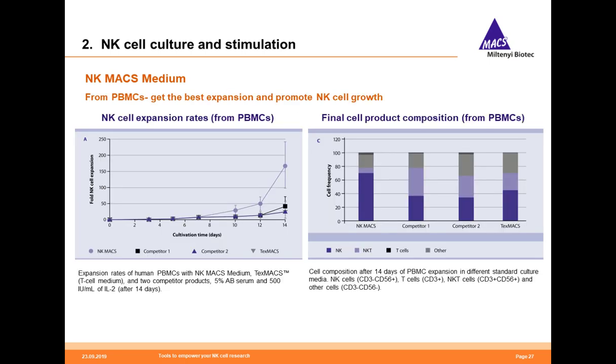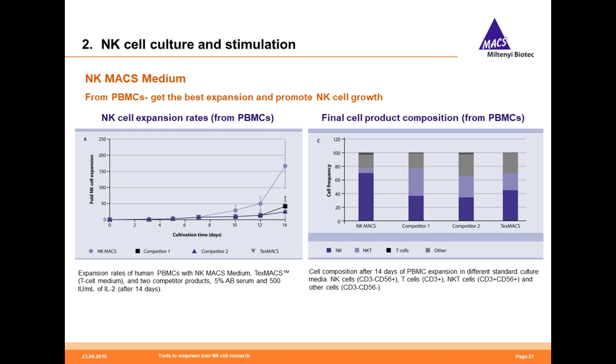In the next slide, if you are not starting with isolated NK cells but with PBMCs, even starting with this population, you will find on the left side that you get around 3 times more NK cells compared to other media. And the most important thing is, if you're using our media, the majority of the cells at the end will be NK cells.